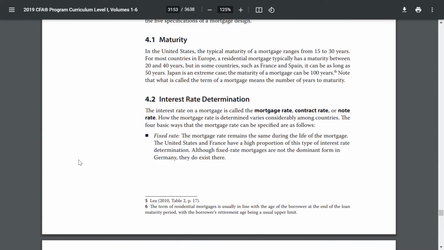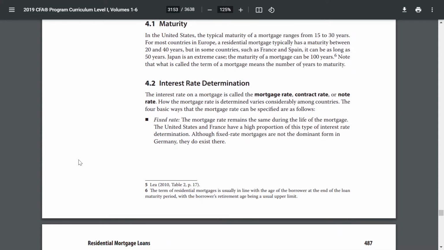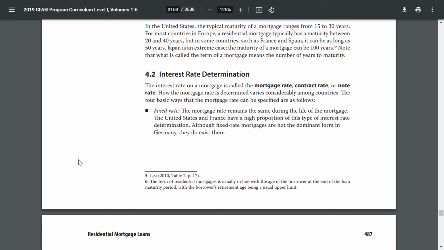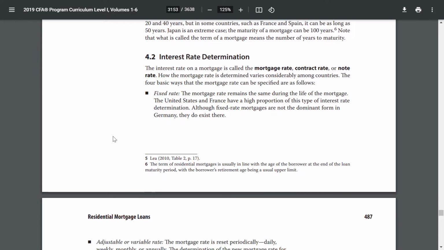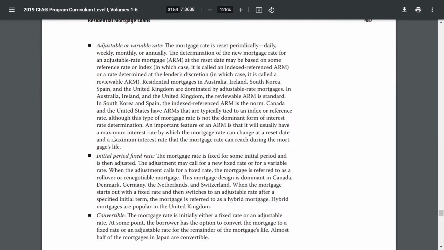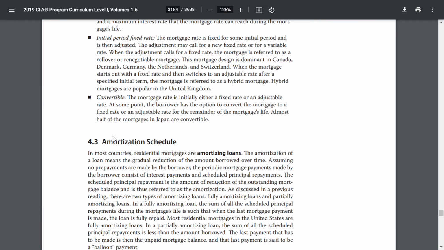Interest rate determination. The interest rate on a mortgage is called the mortgage rate, contract rate, or note rate. How the mortgage rate is determined varies considerably among countries. The four basic ways that the mortgage rate can be specified are as follows: the fixed rate, the adjustable or variable rate, the initial period fixed rate, or the convertible rate.